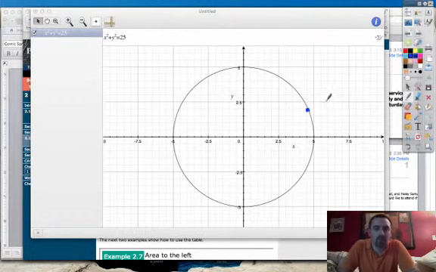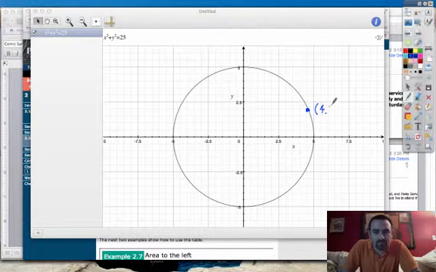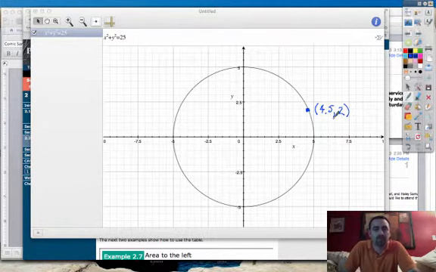This is the point 4.5, roughly, comma, was that 3? 2. Okay, so I'm just reading it off the graph. I don't think that's exact, is it? Is that a Pythagorean triple? No. Okay. So let's give it a shot.